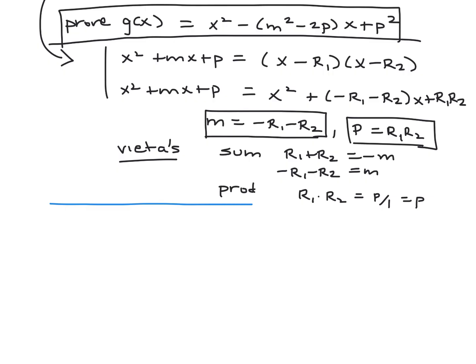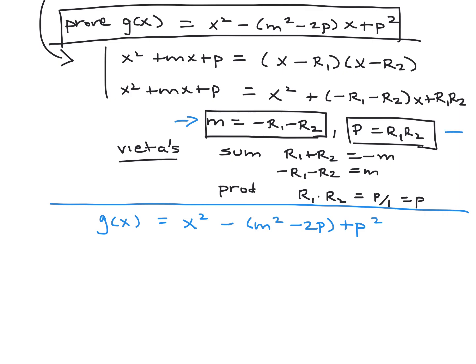Now g at x, so we got g at x is equal to x squared minus m squared minus 2p x plus p squared. Okay, so where do we go from here? I guess we have to substitute these guys. Yeah. Okay, let's substitute those in.